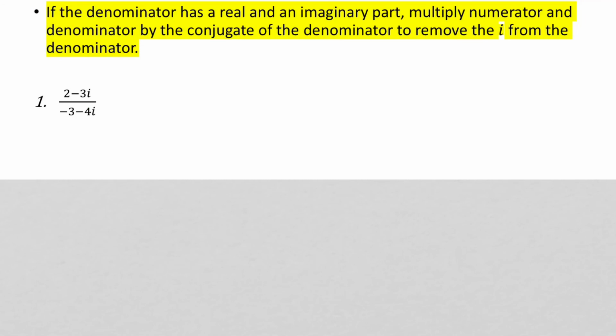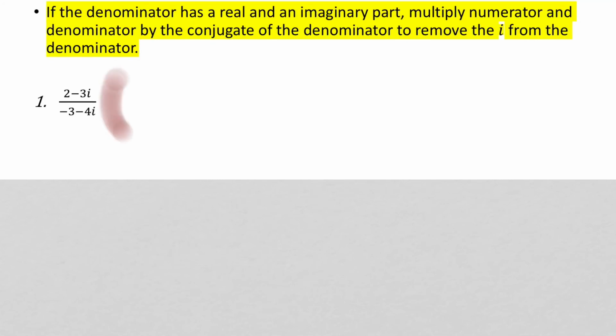Okay, so this example here says I've got a binomial on top of a binomial, so those are more work. If the denominator has a real and an imaginary part, you multiply the numerator and the denominator by the conjugate of the denominator, and that will remove the i from the denominator. So let's see how this works.